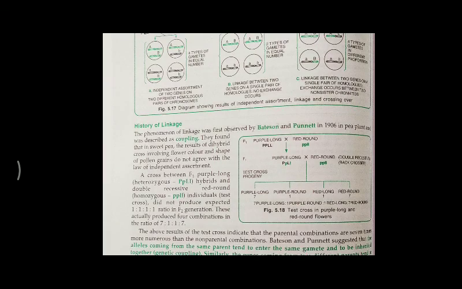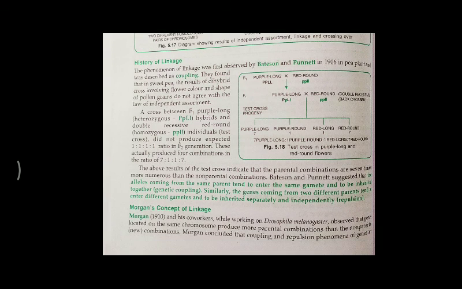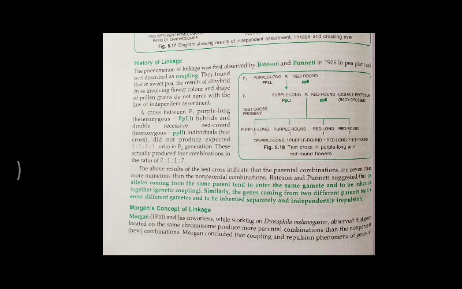Later on, it is given that linkage was first observed by Bateson and Punnett. The Punnett name is not new. Earlier we discussed the Punnett square. In 1906, in pea plant, he described coupling. Later, we will discuss the concept of linkage by Morgan.